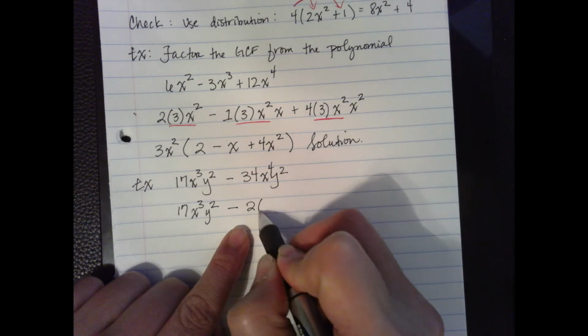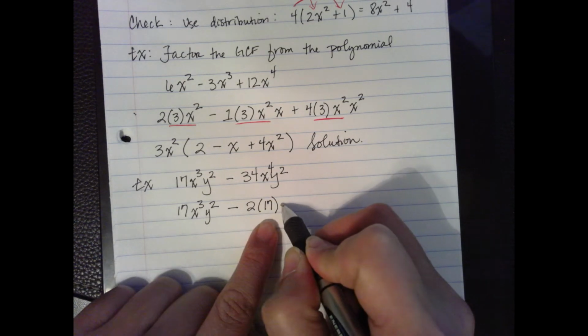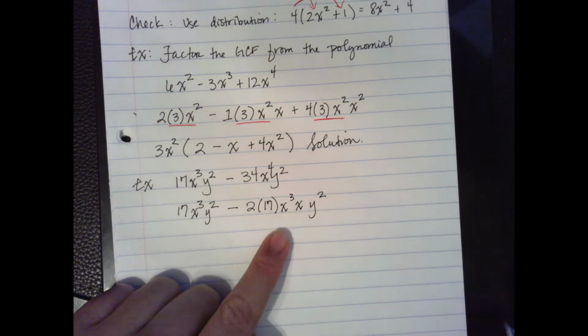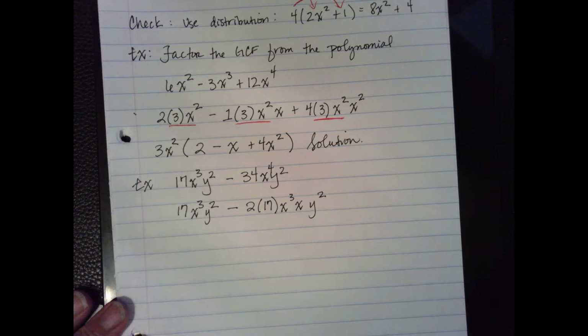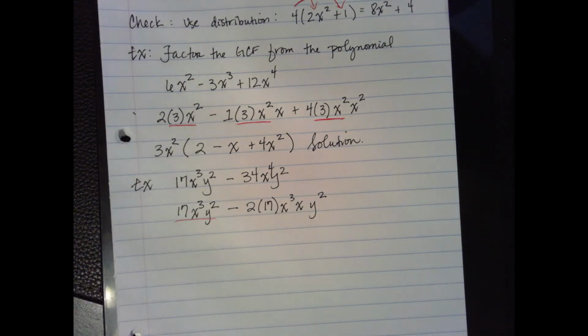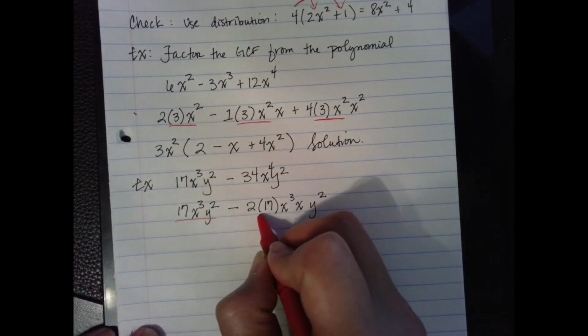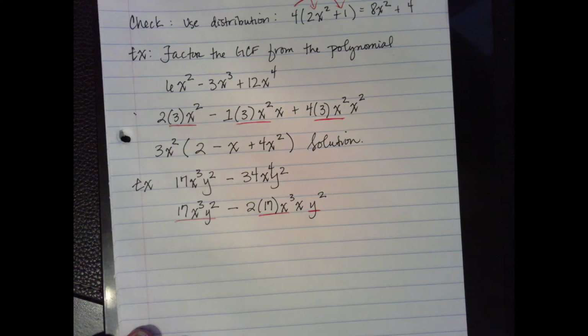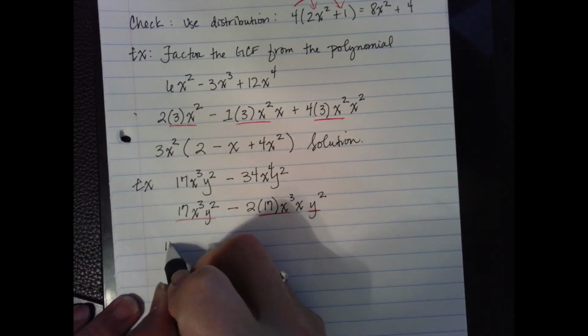Minus 2 times 17 times x cubed times x times y squared. So here, 17x cubed y squared is my GCF. Here I have 17x cubed and y squared. So I'm going to pull that out front of a set of parentheses.